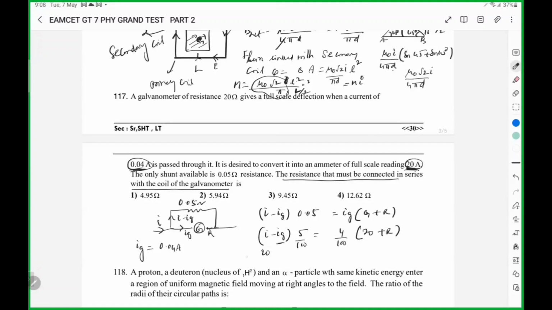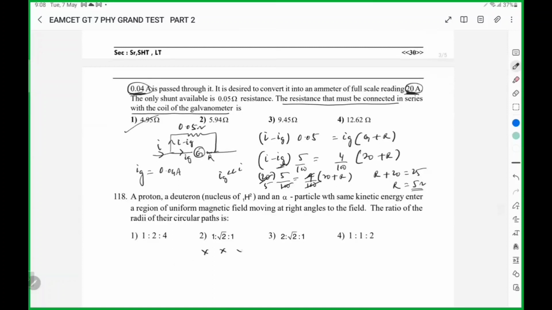Since Ig is small compared to I, I am not taking it. 4 by 100 into 20 plus R, the 100 gets cancelled. R plus 20 will be 25, so R is 5 ohms roughly. Because I have not considered Ig, some difference may come.